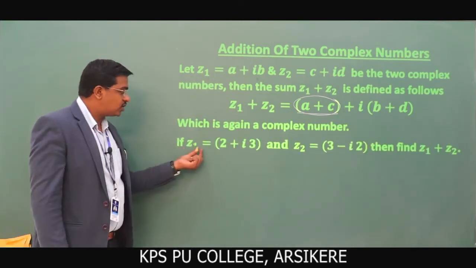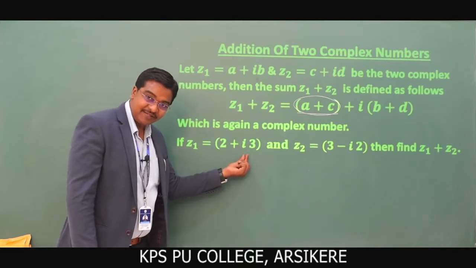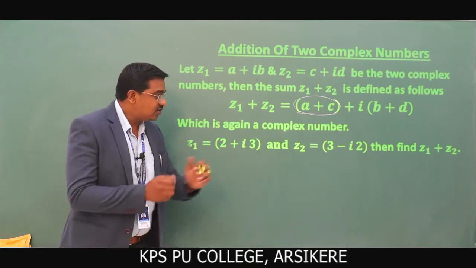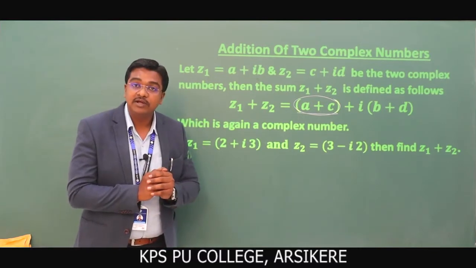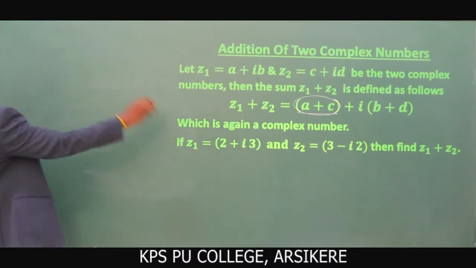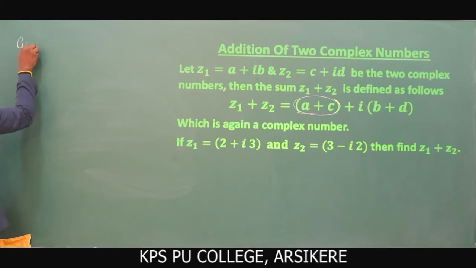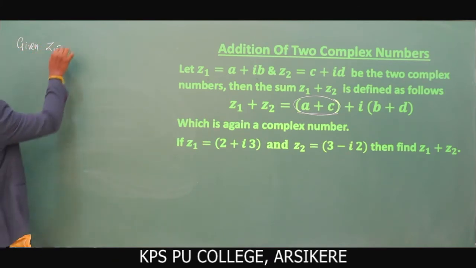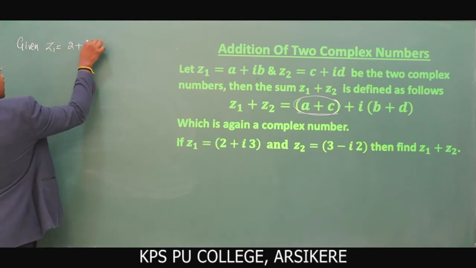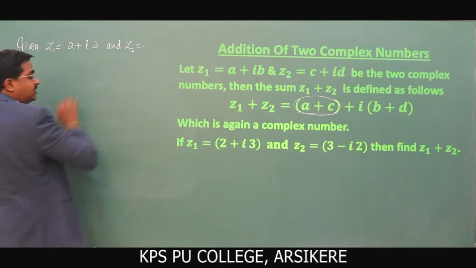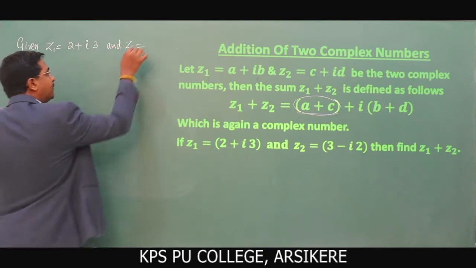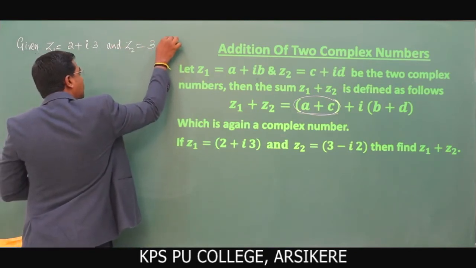If Z1 is equal to 2 plus I into 3 and Z2 is equal to 3 minus I into 2, then find Z1 plus Z2. Okay. So given Z1 is equal to 2 plus I into 3 and Z2, the second complex number, is 3 minus I into 2.